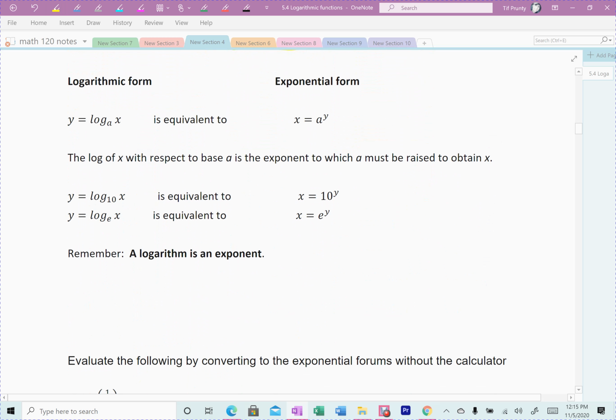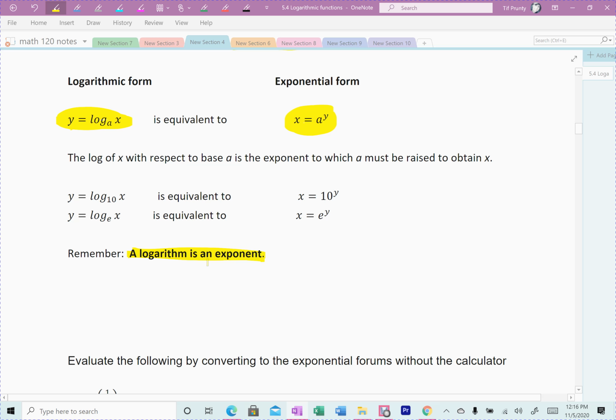So the logarithmic form, y equals log base a of x, is the same as the exponential form, x equals a to the y. The log is just a way to represent solving for the exponent. The log is an equation that is an exponent. It is the exponent y.